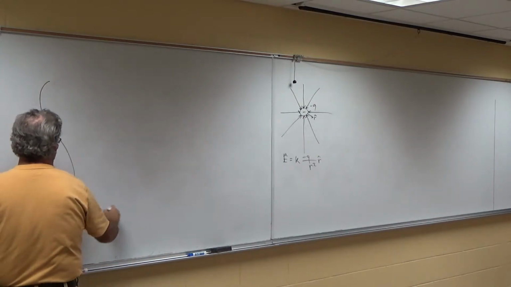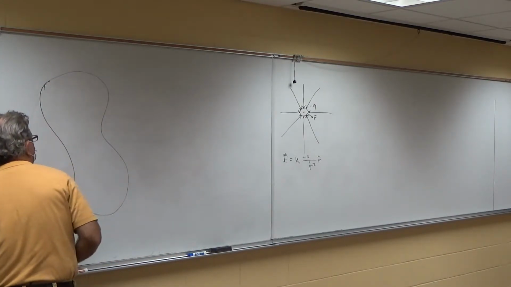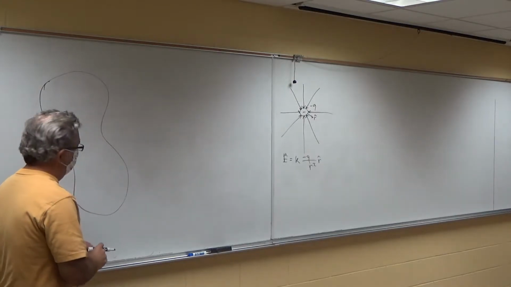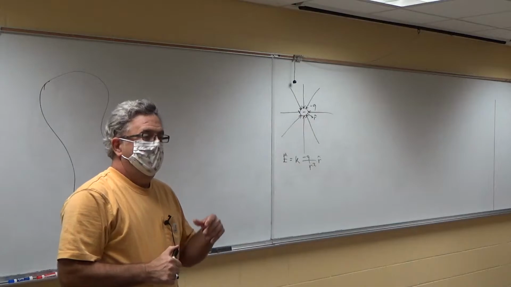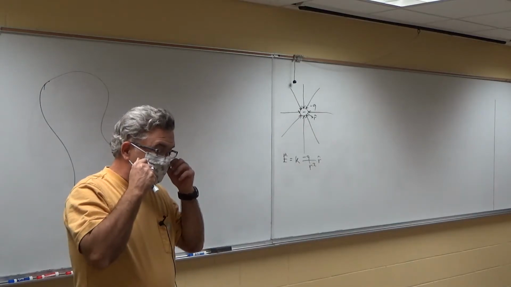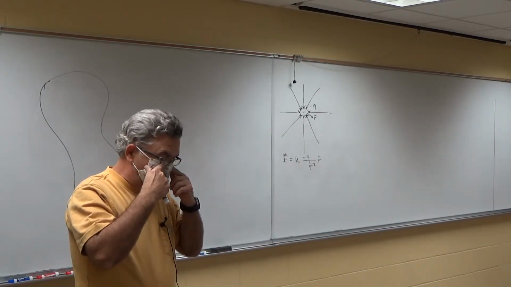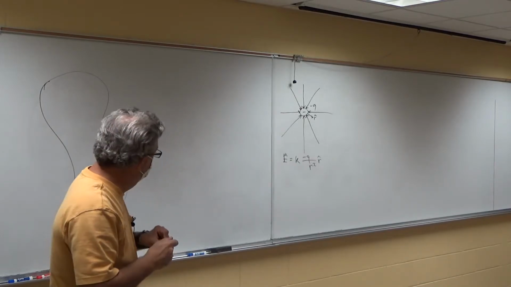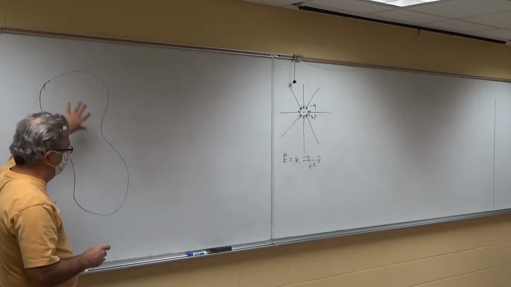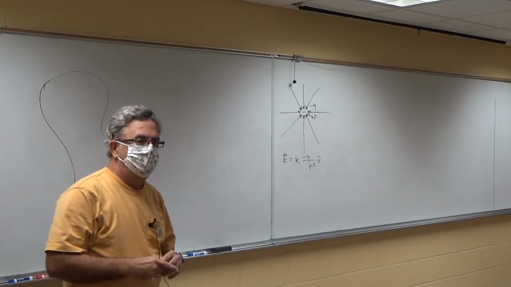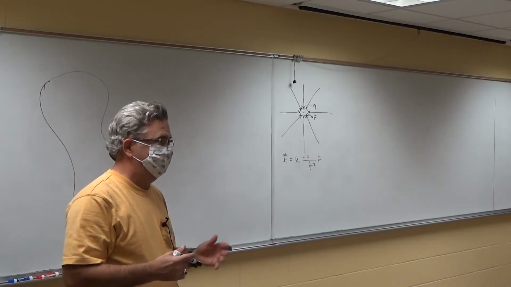So let's say I have this blob of charge. I don't know, a dog bone or something of charge. I'm going to assume that it's uniformly distributed. The charge that it's distributed doesn't have to be. I'm going to assume that it's uniformly distributed over the dog bone and it's all positive. Okay?